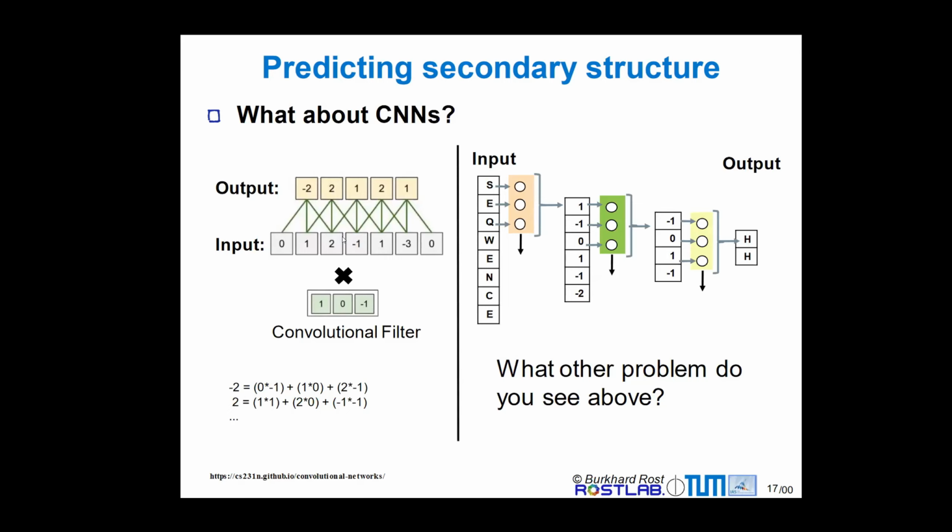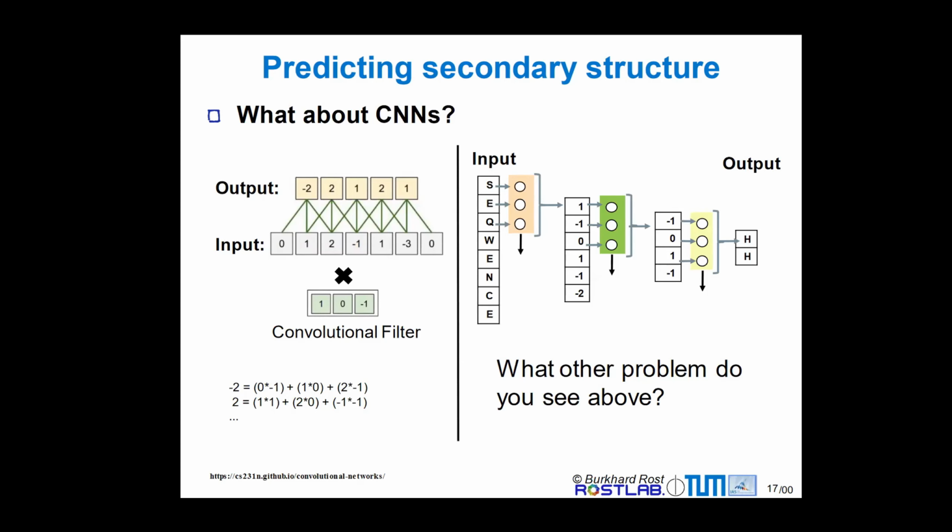You multiply those, you sum them again, and you get a 2 out of this. And this you can repeat arbitrarily often. So suddenly you are not limited in any way to any window size anymore. The input can change. All that you define is the convolutional filter, and this is moved over the sequence.